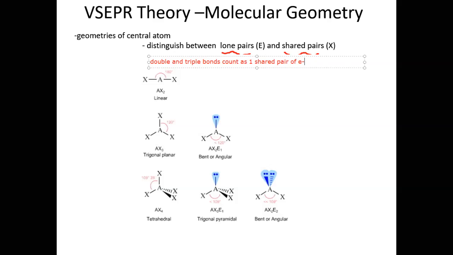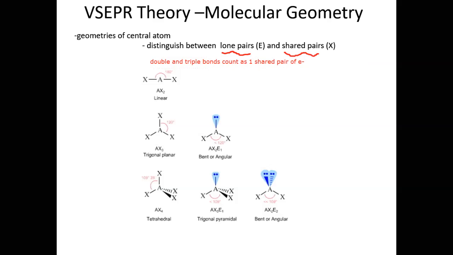So first off, we have linear. So linear molecular geometry is the same as linear electronic geometry. And the bond angle, of course, is 180 degrees. And so this is what VSEPR theory means.